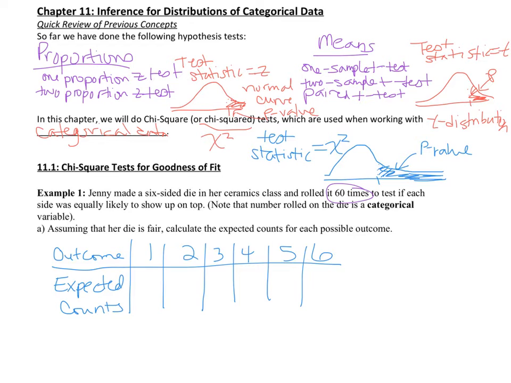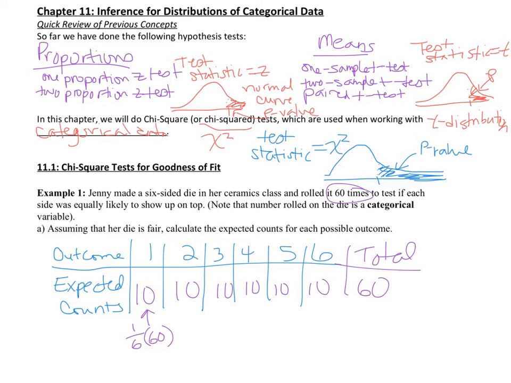So we expect each of these expected counts to be 10, which is 1/6 times 60, for each one of these. One important thing is that the total number is always going to add up to your sample size, which in this case is the number of rolls. And that's going to be true for your expected counts and for your actual counts.